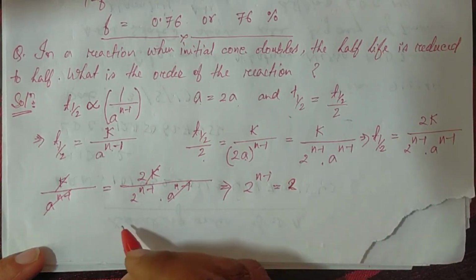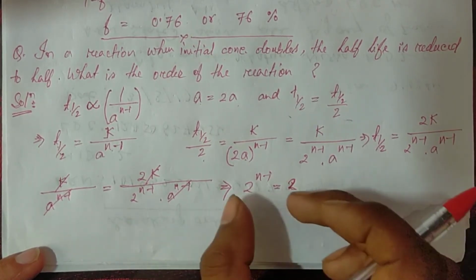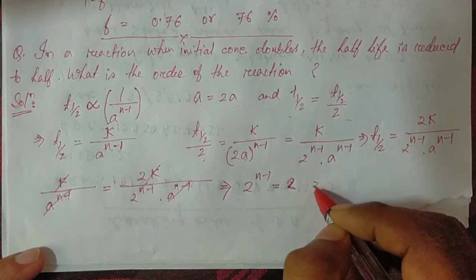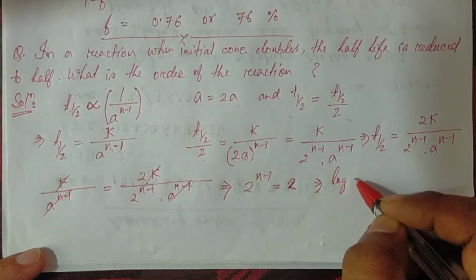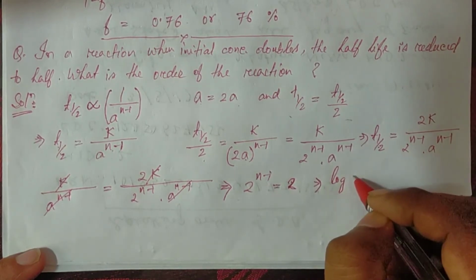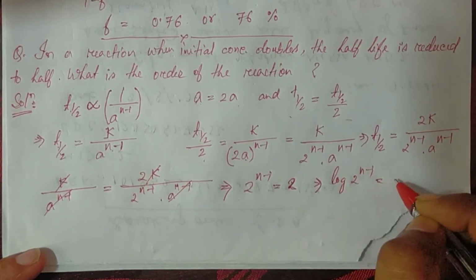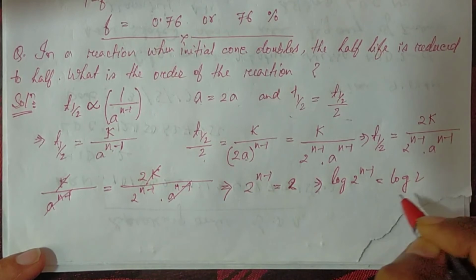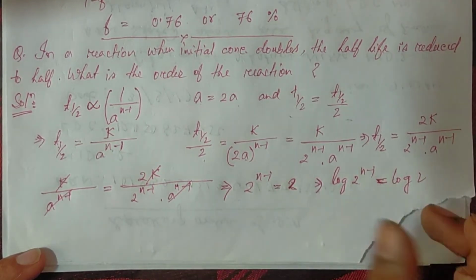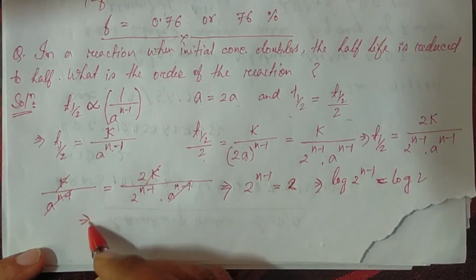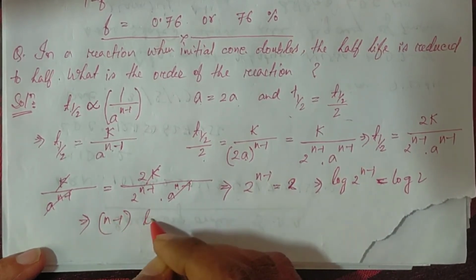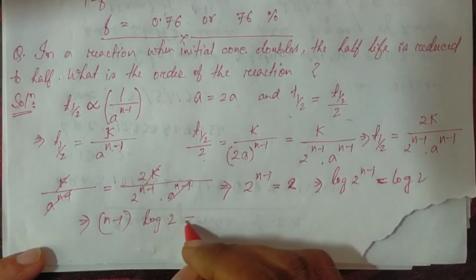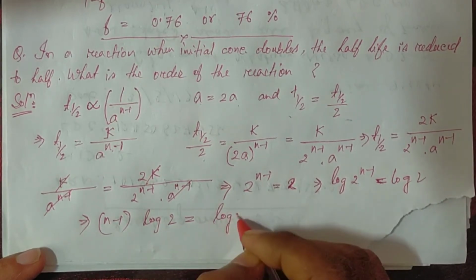Okay, so when we take log of this equation, it will give log 2 to the power n minus 1 is equal to log 2. So we can write n minus 1 log 2 is equal to log 2.